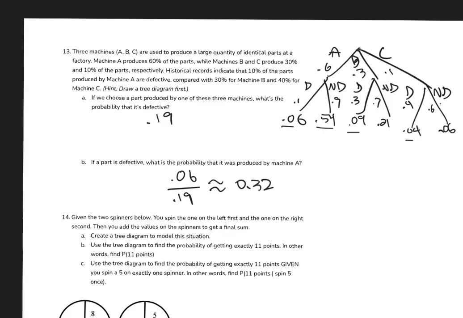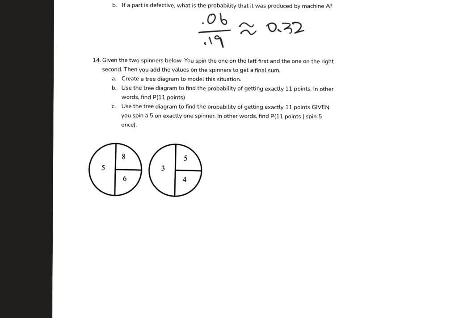Okay, next we have these spinners here, where when we spin, the probability that we land on a given number is proportional to the area. So we're going to create a tree diagram. The way it works is you're going to spin the one on the left first.